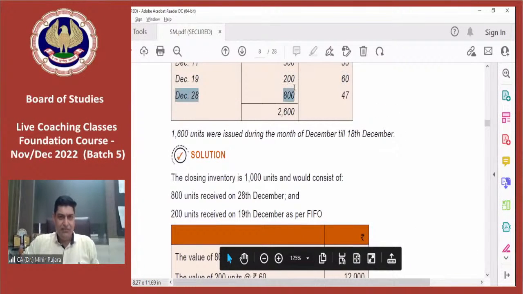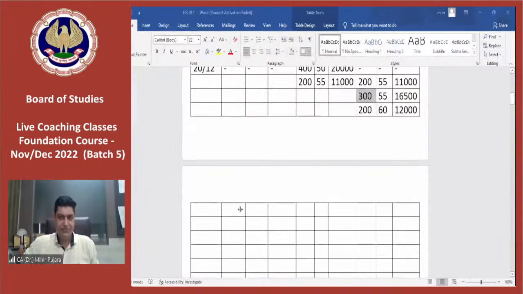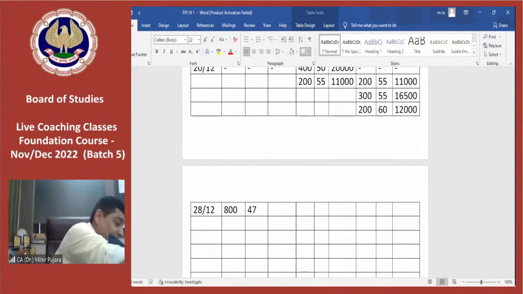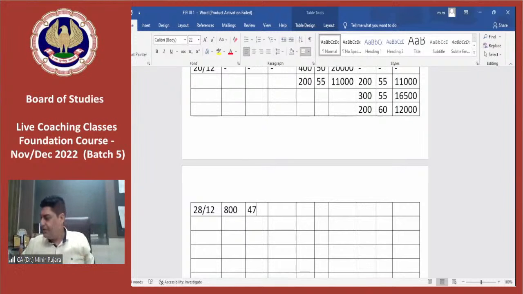So purchase of 800 into 47. On 28 December, 800 at 47, that is 37,600.